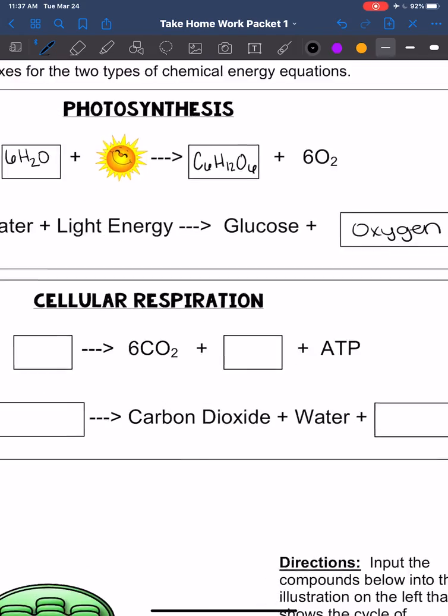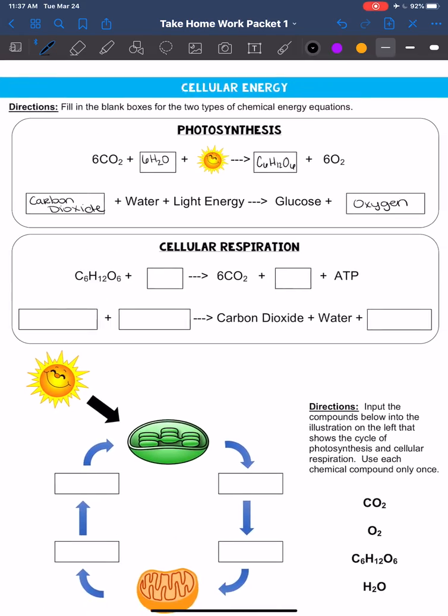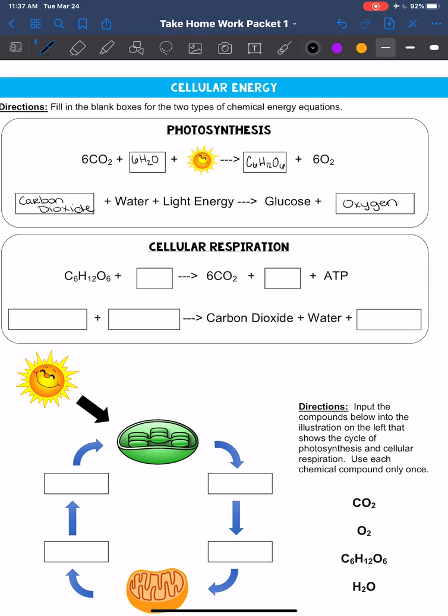And we're going to compare that to the formula for cellular respiration. If you notice, we're just going to take these right here. So these are my products of photosynthesis, and these are my reactants.